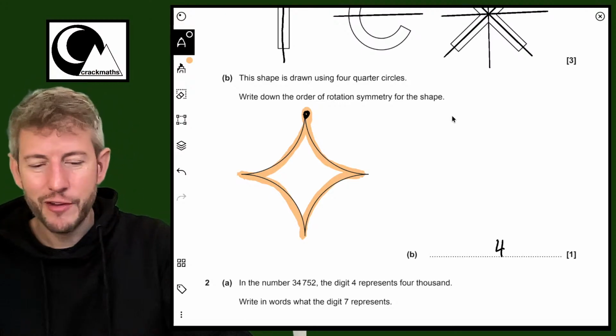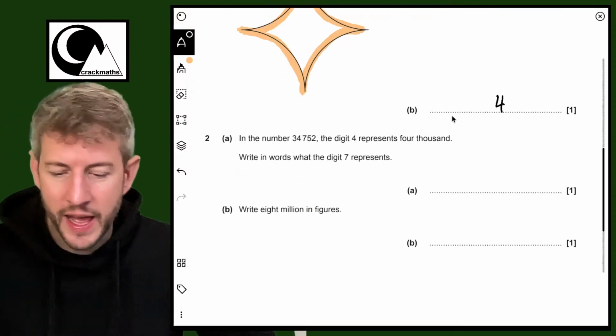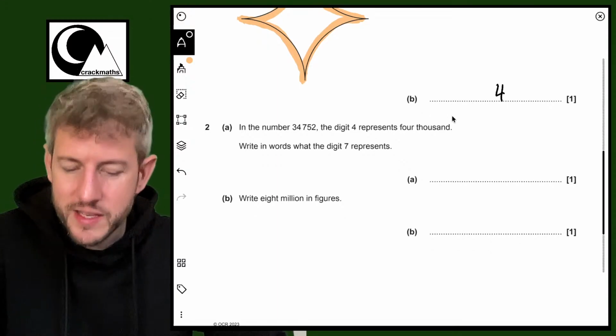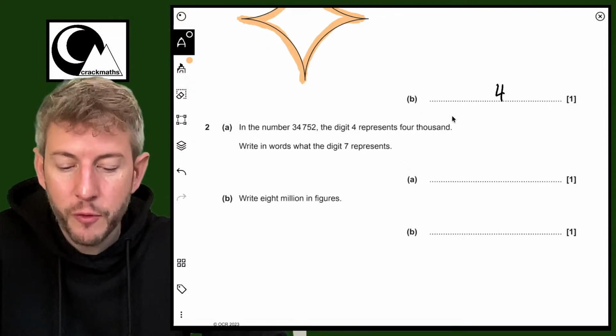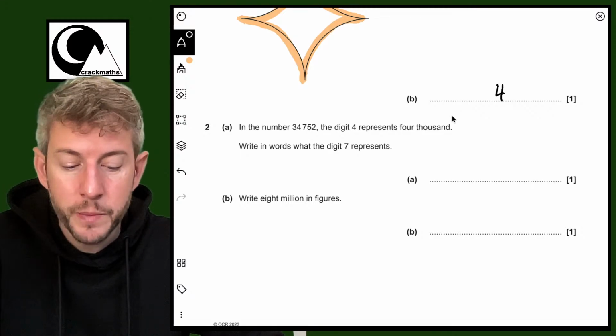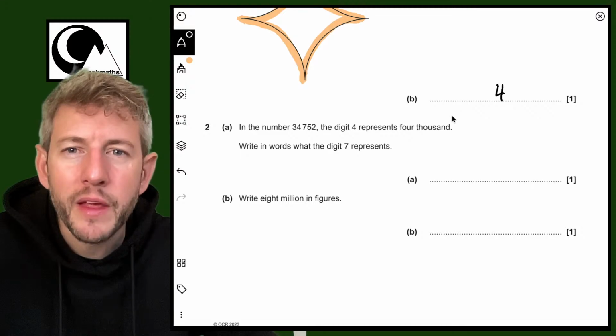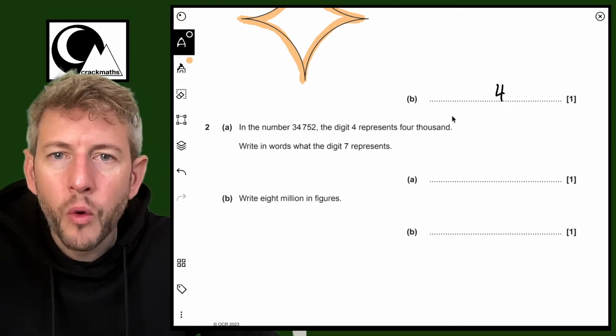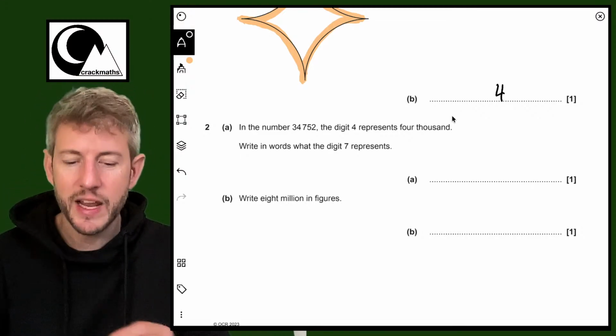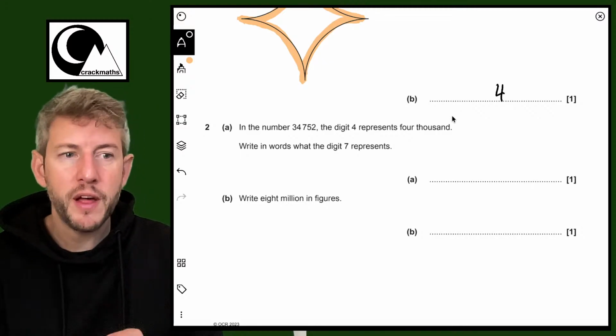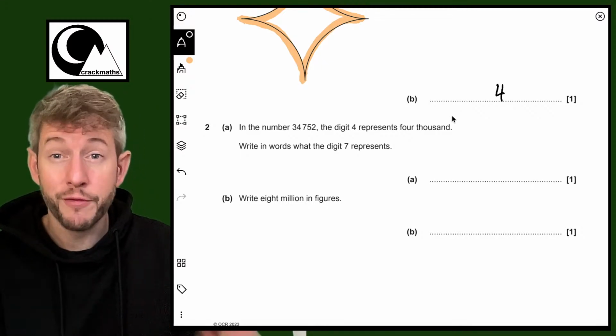Okay, right, let's have a look at part 2a. Question 2a says, in the number 34,752, the digit 4 represents 4,000. Write in words what digit 7 represents. So let's read that number out again. 34,752.